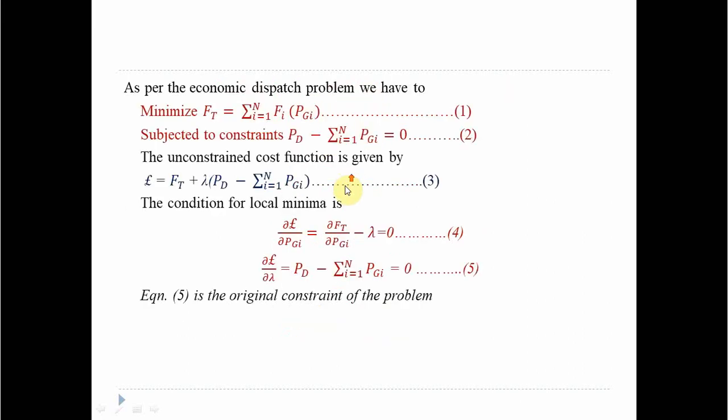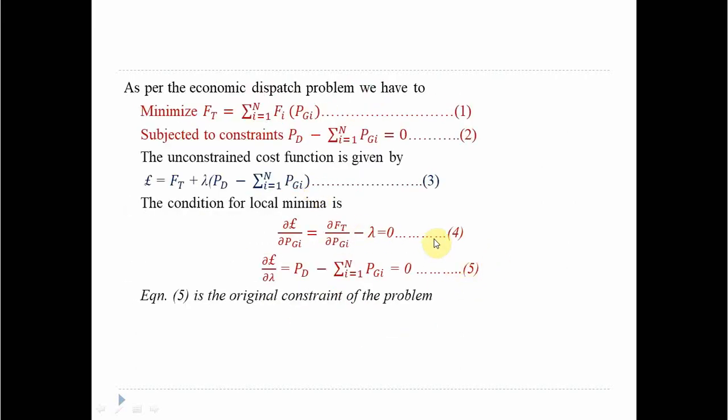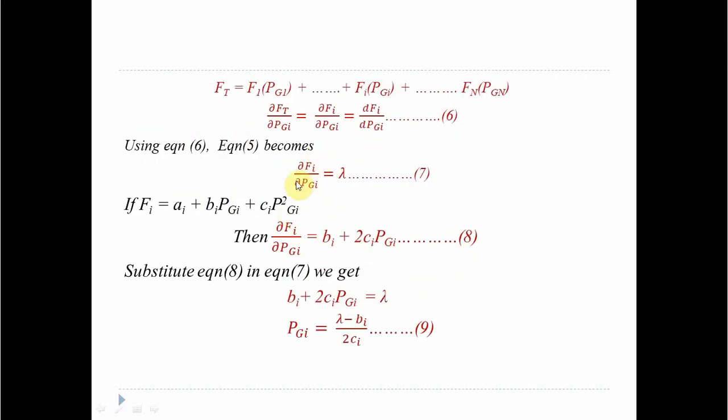Now from equation 4 I can write dou fi by dou Pgi is equal to lambda. This I can also write as dfi by dPgi. That will not make any difference. So fi is given by this particular quadratic function. When you differentiate this with respect to Pgi, you get bi plus 2ci Pgi.